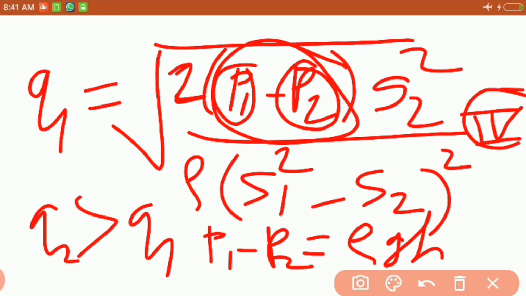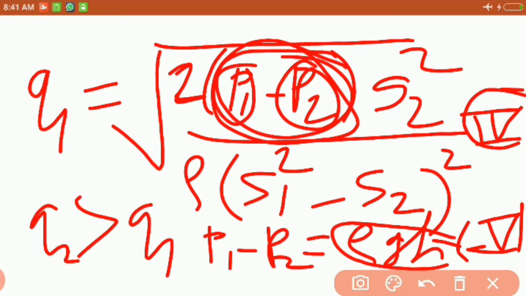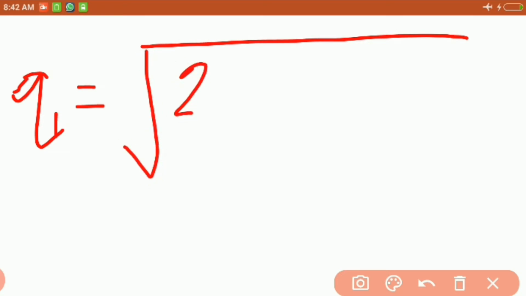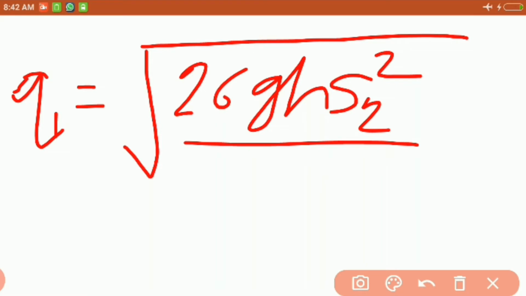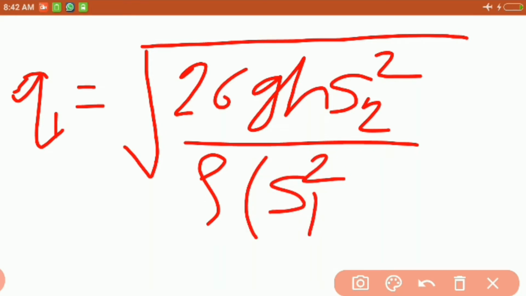Therefore, from equation 4 and this equation 5, we put rho GH in place of P1 minus P2, and we get Q1 is equal to root of 2 sigma GH S2 square, that is not rho GH, that is sigma GH, divided by rho (S1 square minus S2 square).